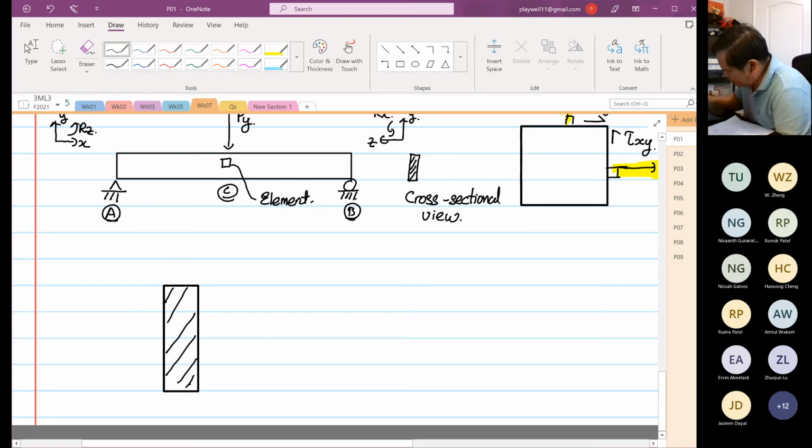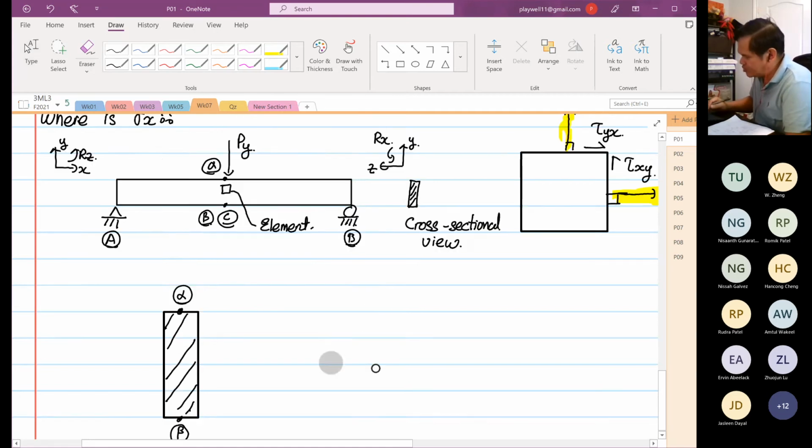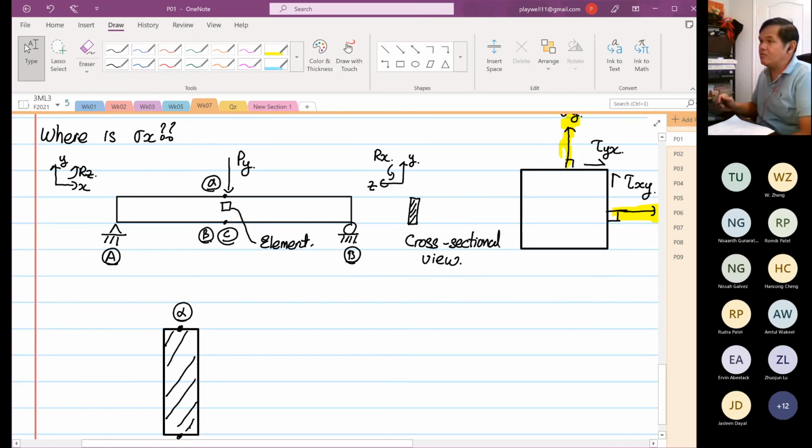And over here, I'm going to label the top as our point alpha. The bottom is our point beta. So over here, this is our point alpha, and over here, this is our point beta. And we know based on the bending, or based on how the force is applied, that we have bending in this direction.